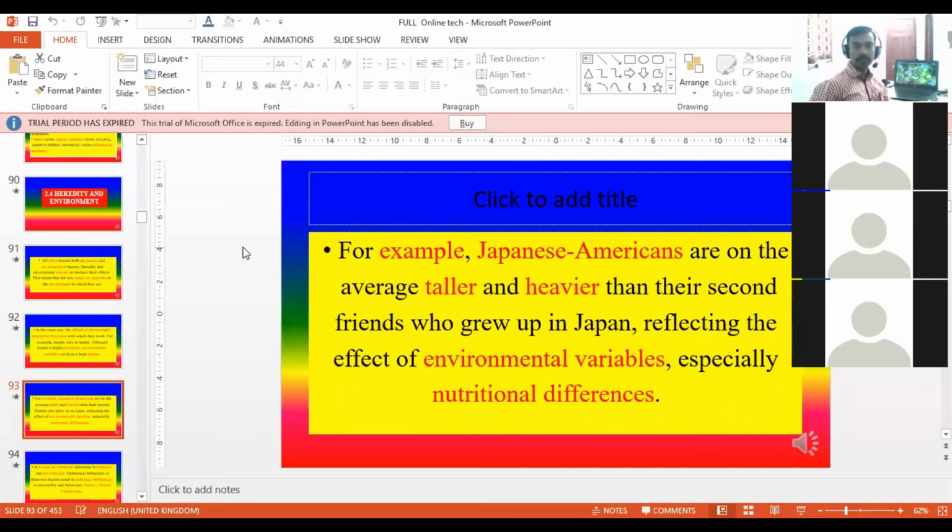It is a research finding: take friends of the same age group, one person living in America, the other living in Japan. Japanese Americans become taller and heavier than those living in native Japan due to environmental factors, mainly food habits, etc.